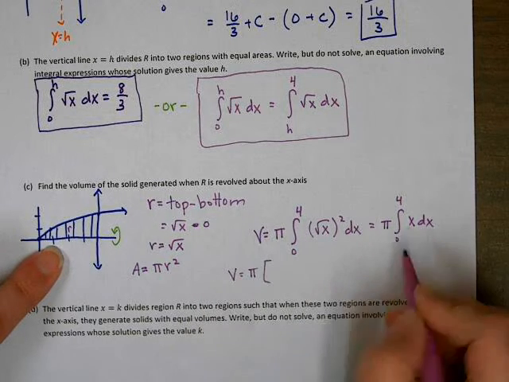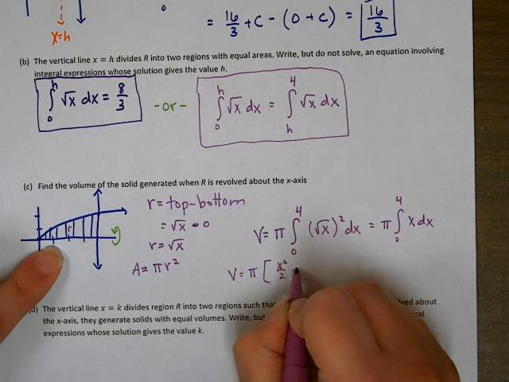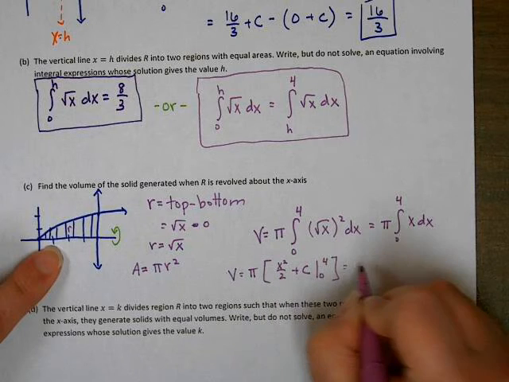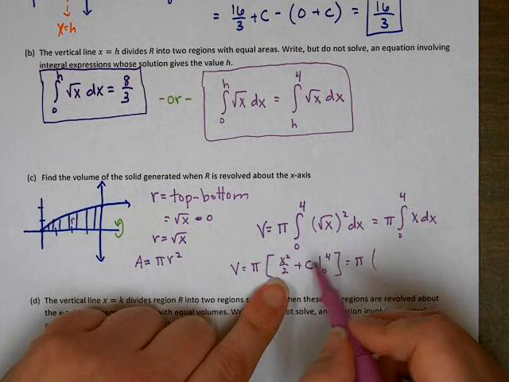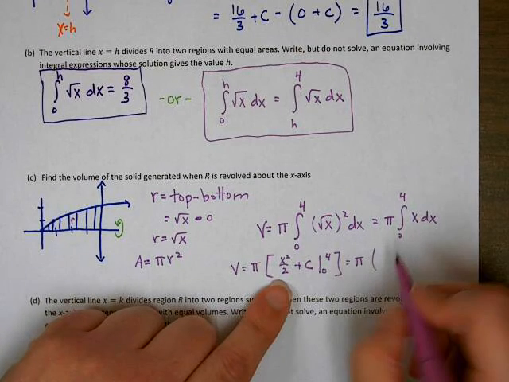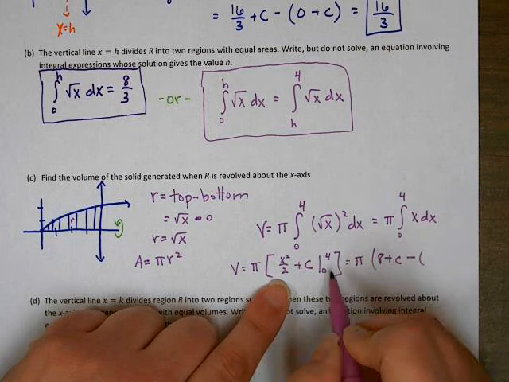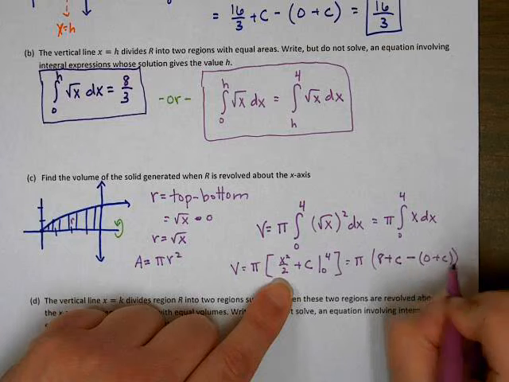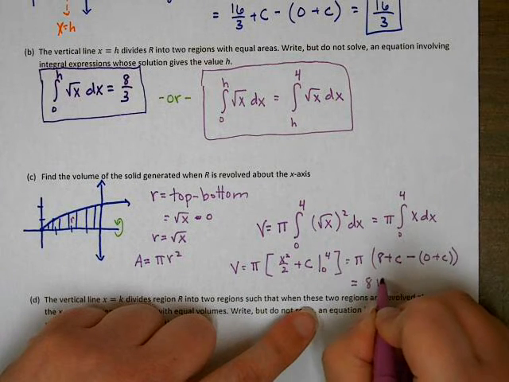Pi, the antiderivative there would be x squared over 2 plus c, and we're evaluating from 0 to 4. So pi, if I plug in 4, 4 squared is 16, divided by 2 is 8, plus c, minus, if I plug in 0, I'd have 0, plus c. The c's end up canceling out, and so we get that the volume here is going to be 8 pi.